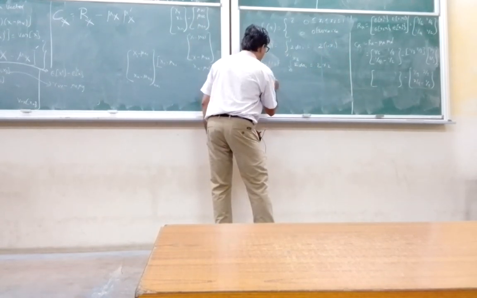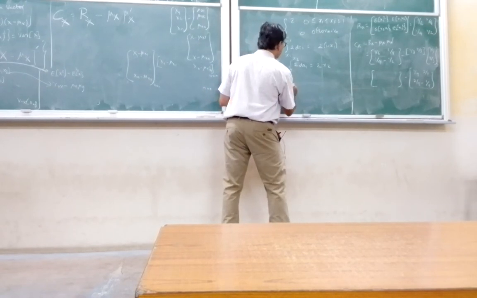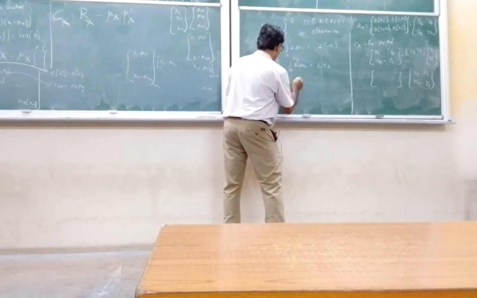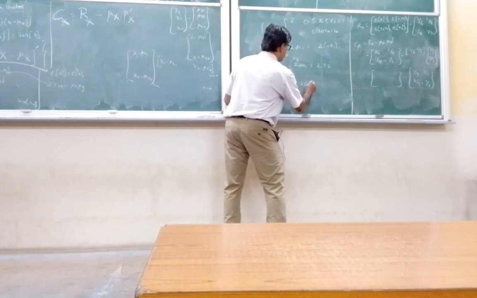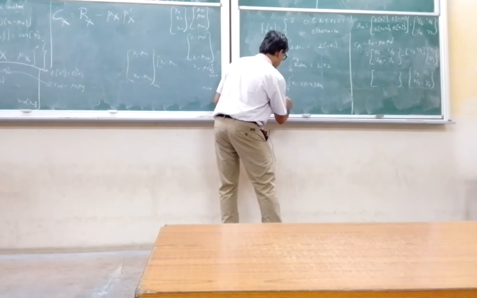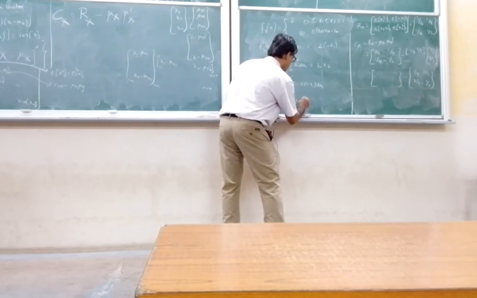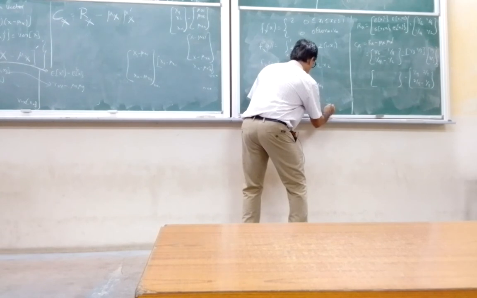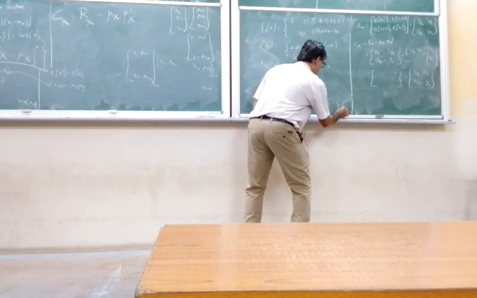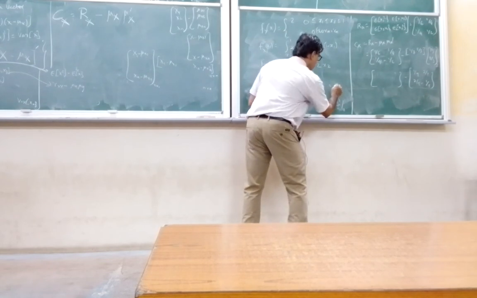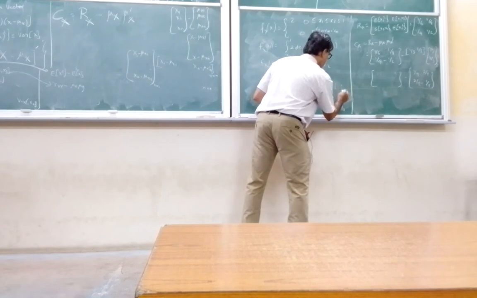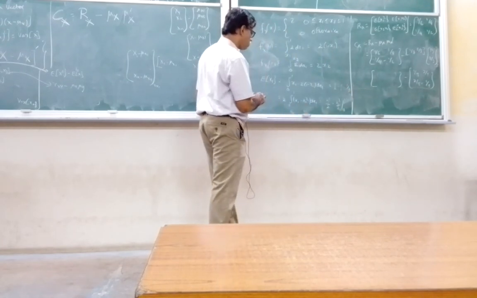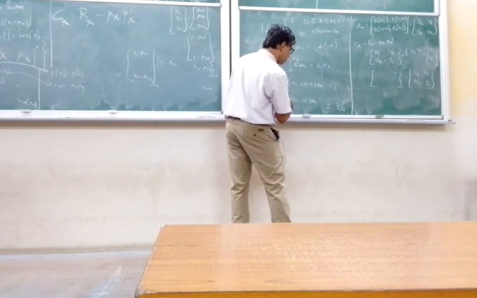If you want to find E of x1, you just cross multiply with x1 and integrate. Into x2, I am getting, into x2 is also there.